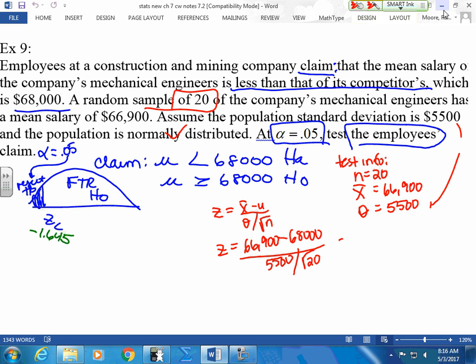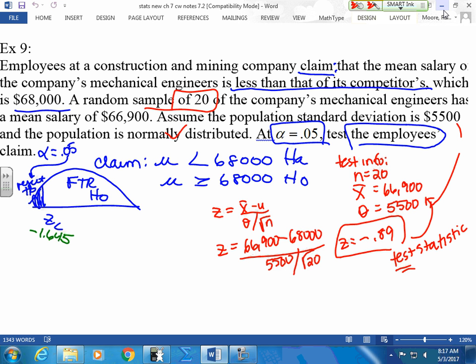Divided by the square root of 20. We put this in correctly, and we get a z-score of negative 0.89. This is called my test statistic. It's called my test statistic because it came from my test information, what I tested this with.